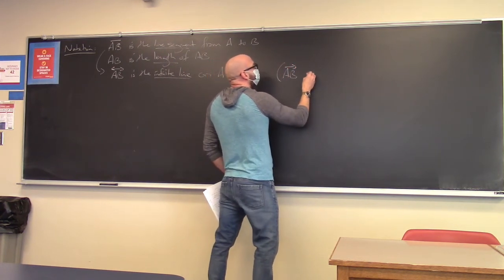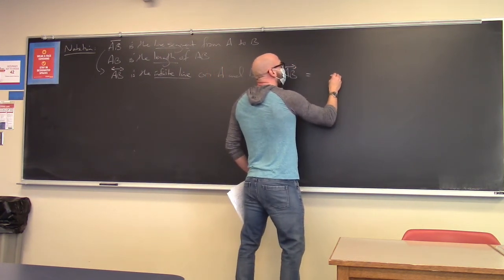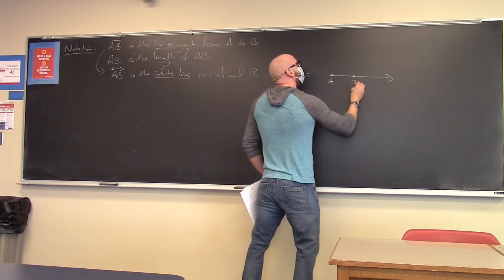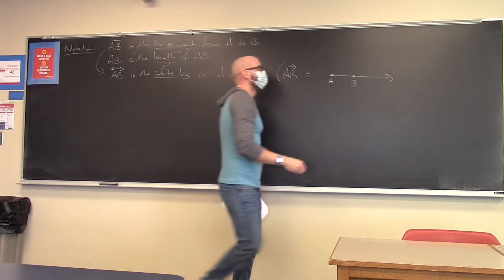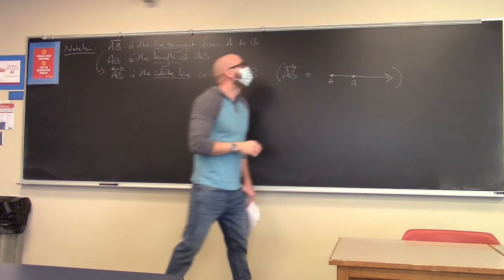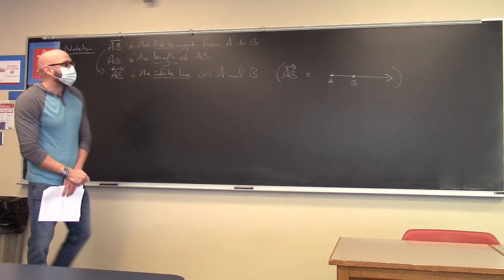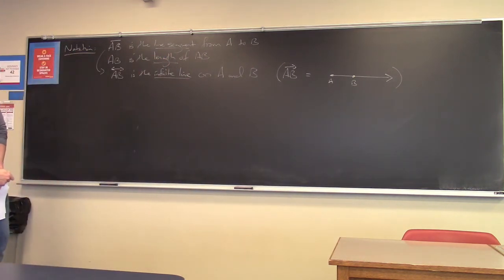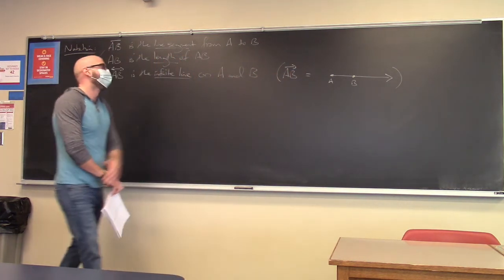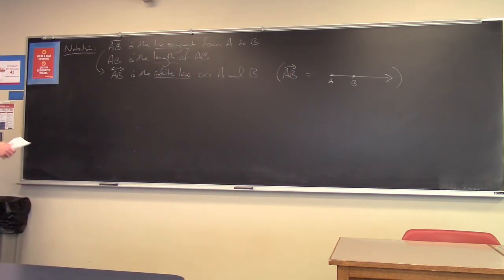AB is infinite in one direction, so it's just a ray. Like that, and so on. I think the notation is pretty good. Good notation is worth its weight in gold, really, and this notation is, of course, very suggestive as to what's happening. So there we go.